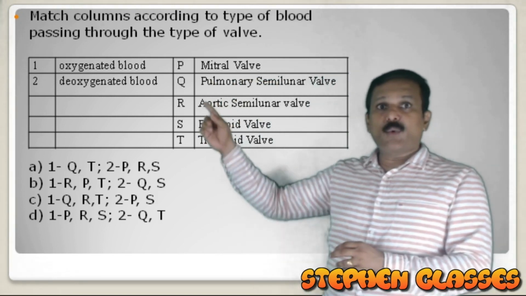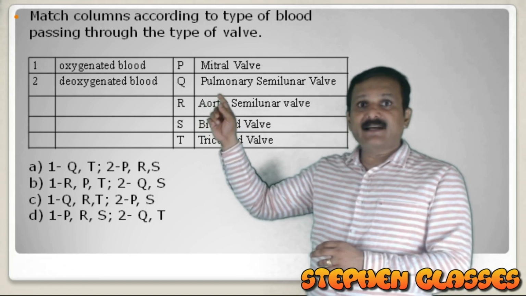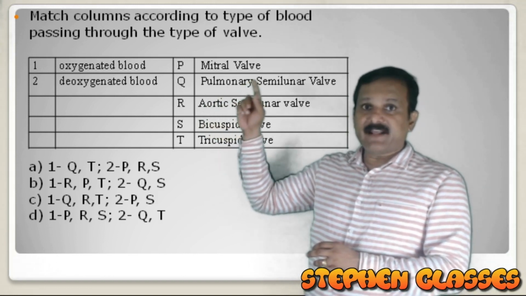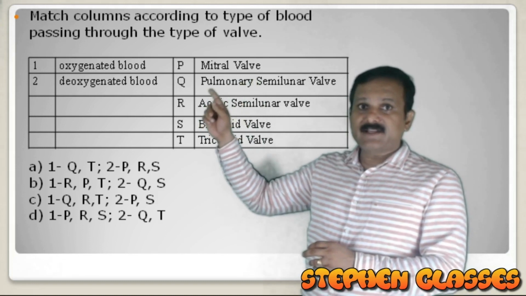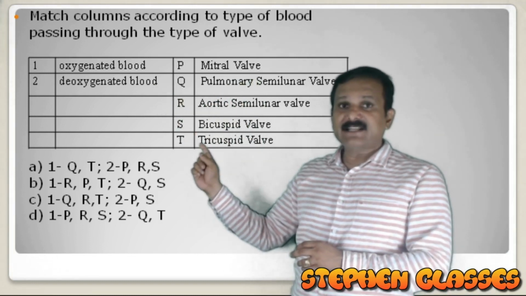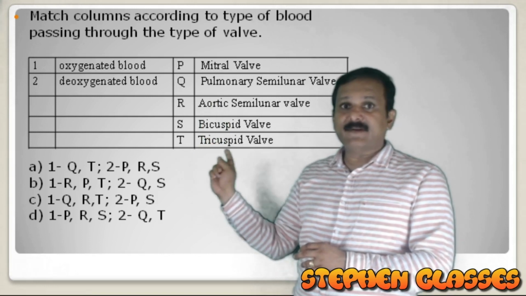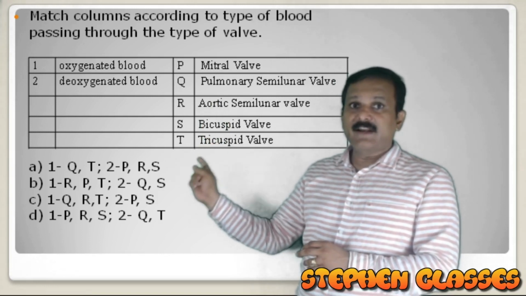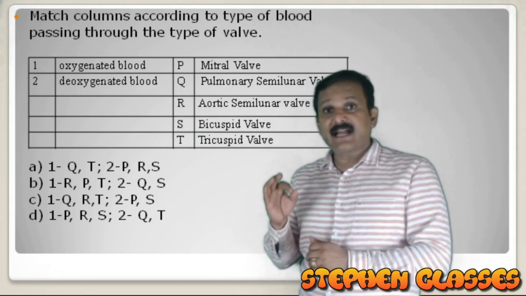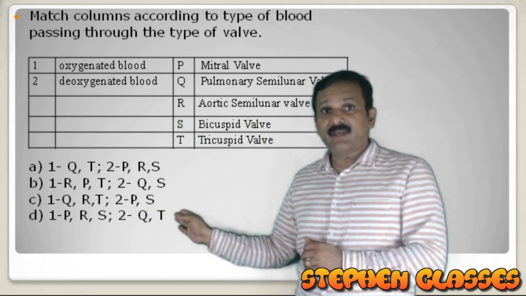And what about Q and T? Q is the valve present in the pulmonary artery, the pulmonary semilunar valve, so it regulates deoxygenated blood. Like that, the right AV valve, also called the tricuspid valve, also regulates the flow of deoxygenated blood. So the correct answer will be option D.